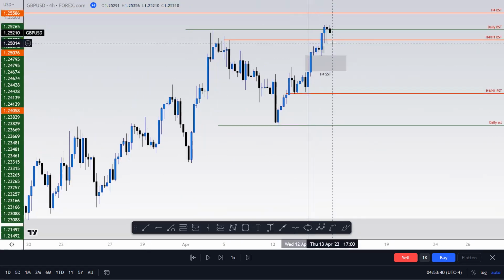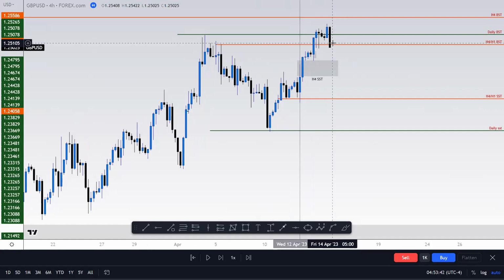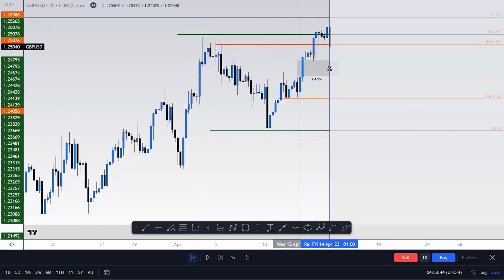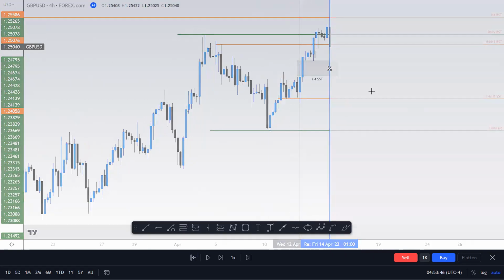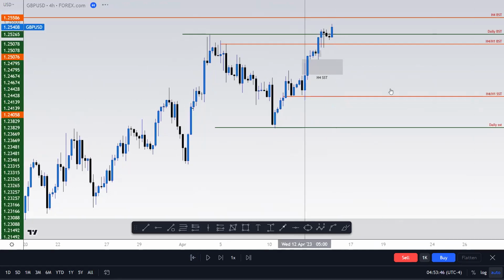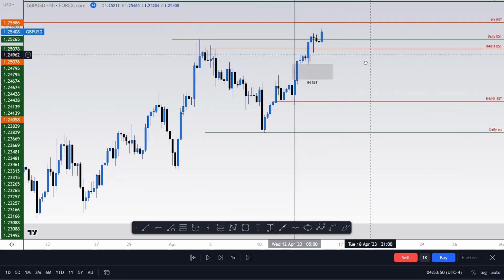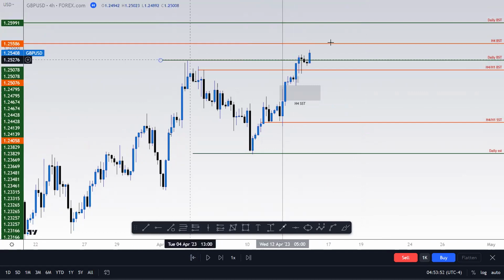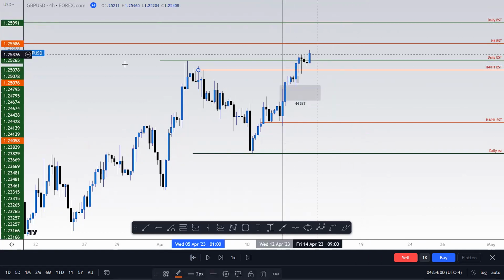So what were the ranges? The H4 buy side target is pretty much where this line is. I didn't delete it because it would take a while to go back and find it again. I already showed you on Friday morning that it was a recent high relatively close to the daily buy side target.